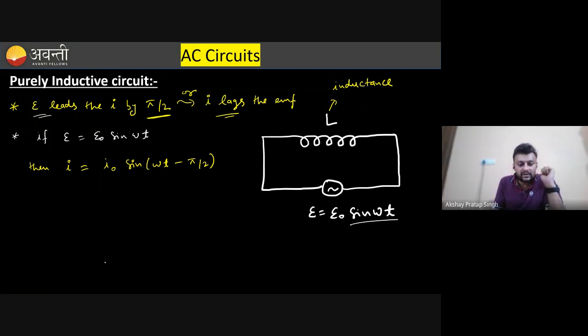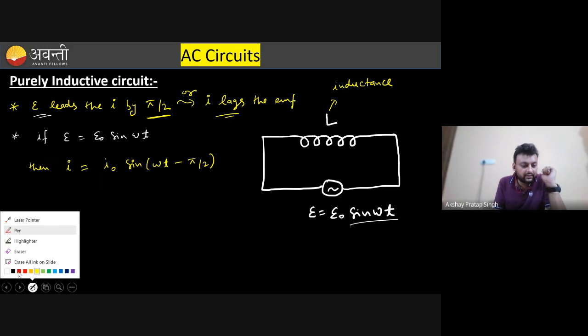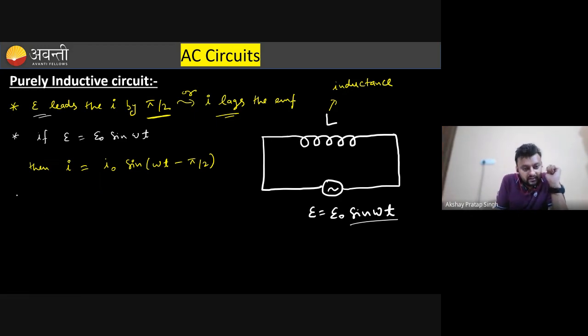After knowing these two punchlines, one very important thing is left, that is maximum current. What will be the value of maximum current? If you apply Ohm's law, then it will be potential over resistance. So potential is what?